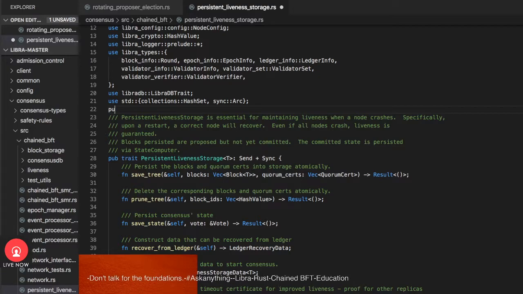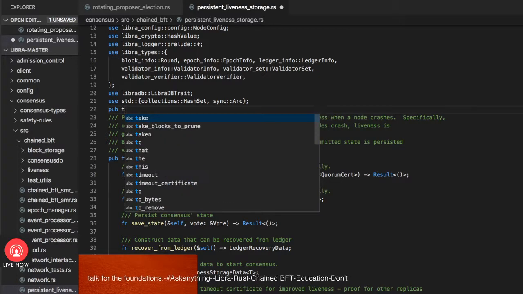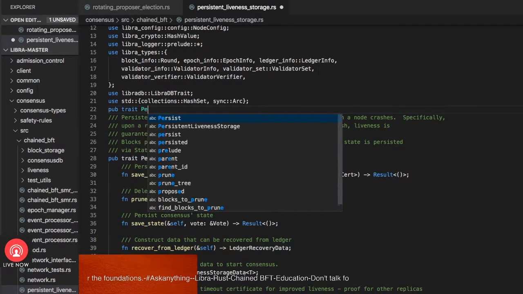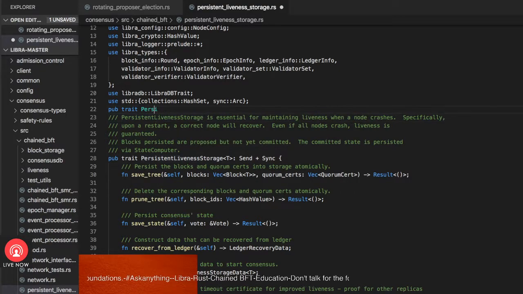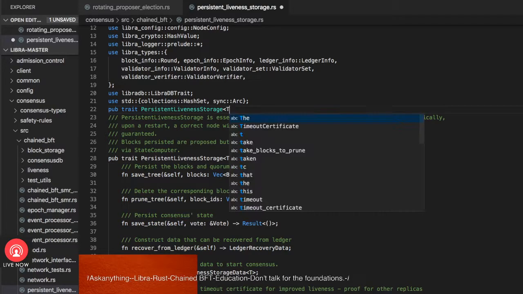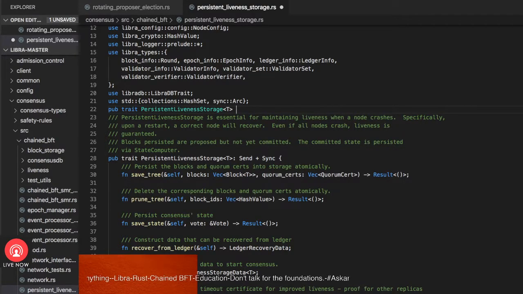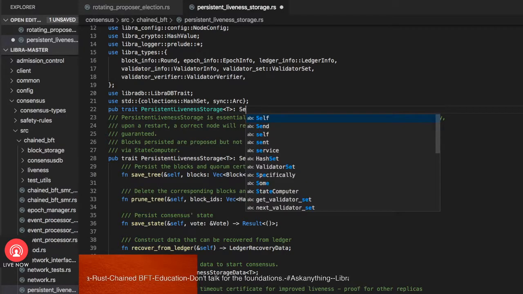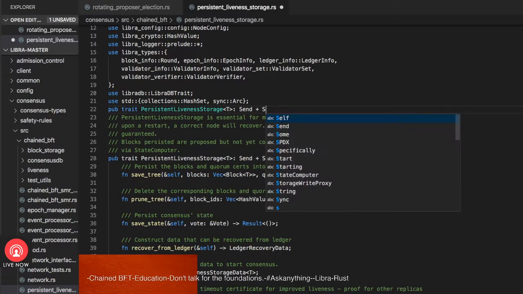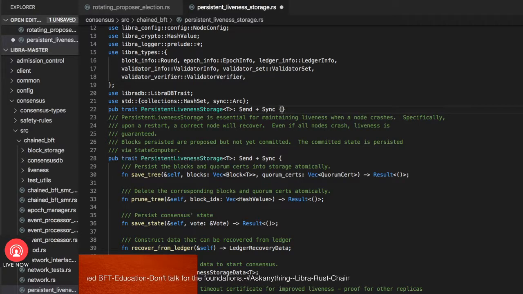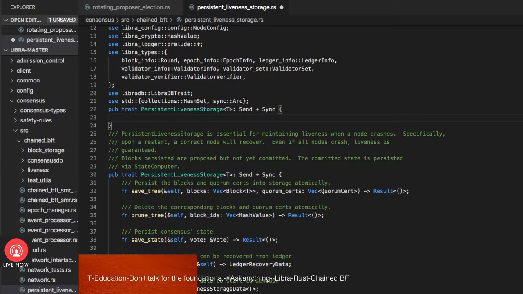The persistent liveness storage has a function of trait Send plus Sync. This is for maintaining liveness when a node crashes.